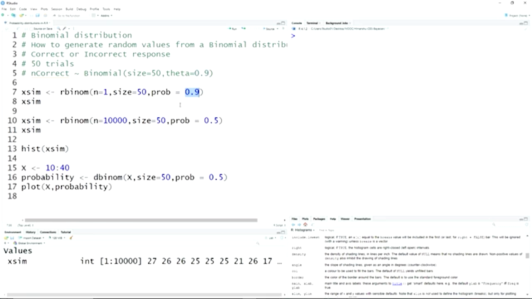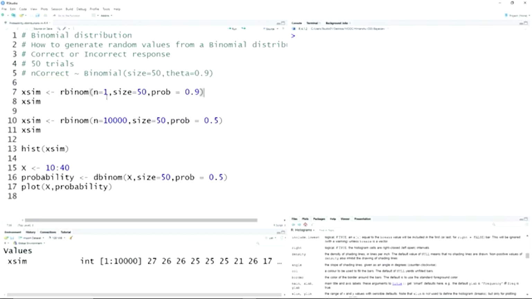You can think of it as tossing a coin 50 times where the probability of heads is 0.9. Or say you are doing a word recognition task where participants are given 50 words one by one and must recognize them, and the probability of a correct response is 0.9.